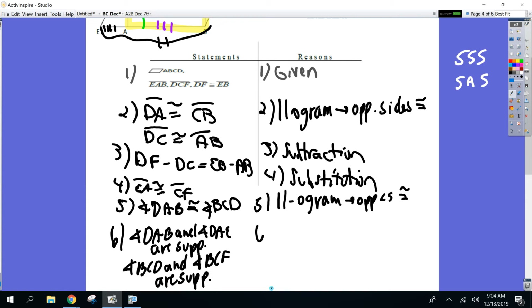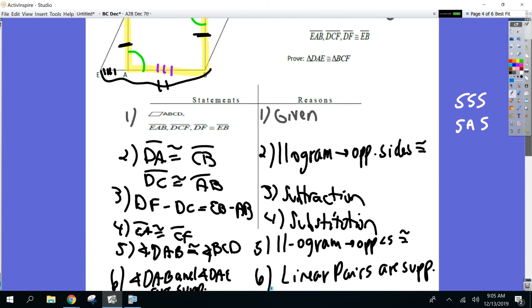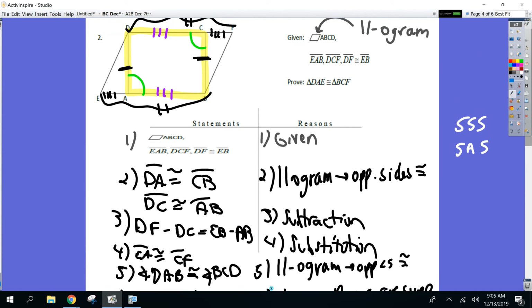What have we been saying all year long? Why those are supplementary? Linear pairs are supplementary. Yep. That's why I enjoy this course so much, because linear pairs are supplementary is something we talked about in Unit 2, and it's not going away because we're done with Unit 2. Now we can go to Izzy's point, which is saying those angles are congruent by supplements of congruent angles.